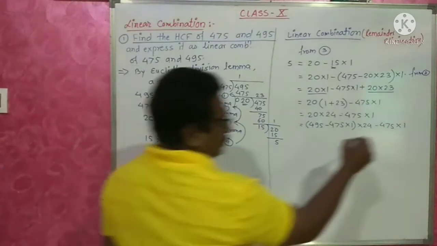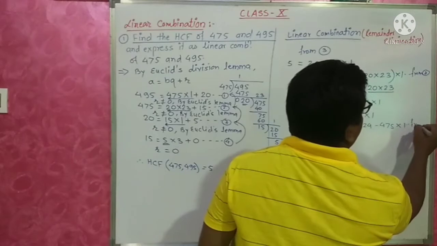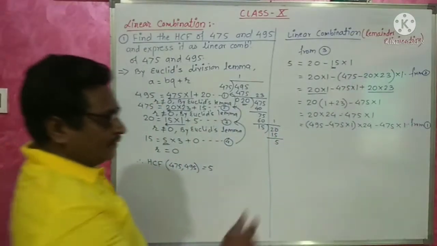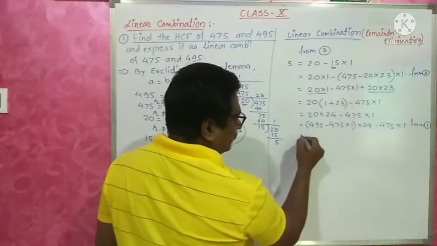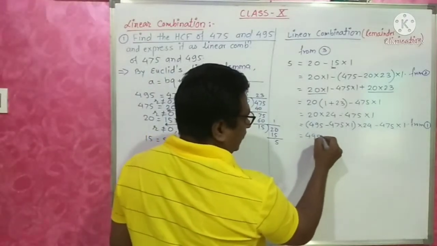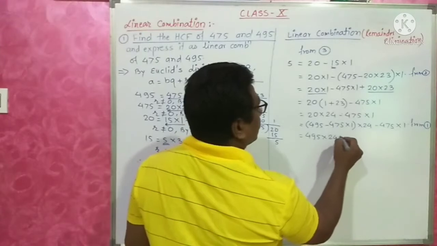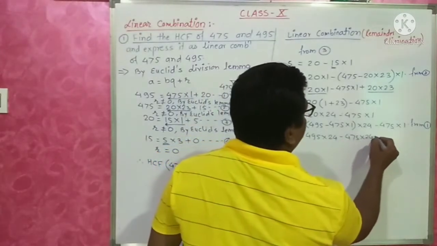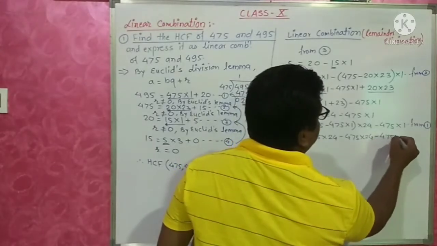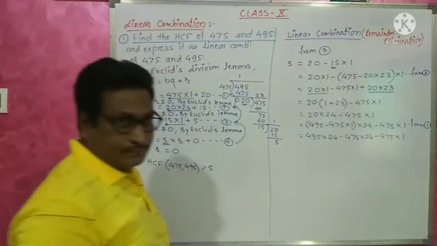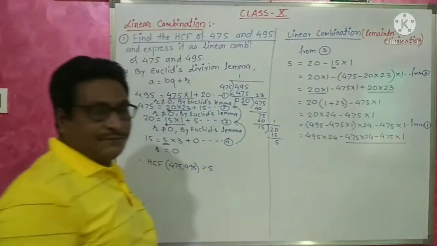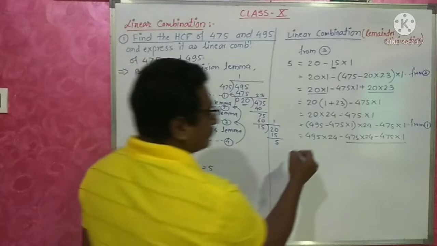Understood this? This is from the first step. Now simplify this bracket: 495 into 24 minus 475 into 24 minus 475 into 1. See here, minus 475 is common.